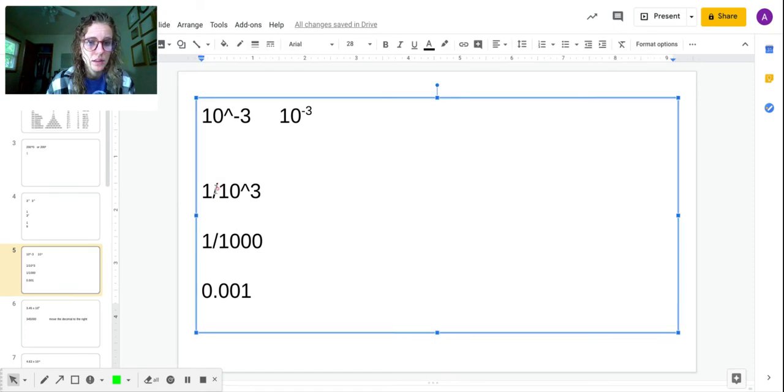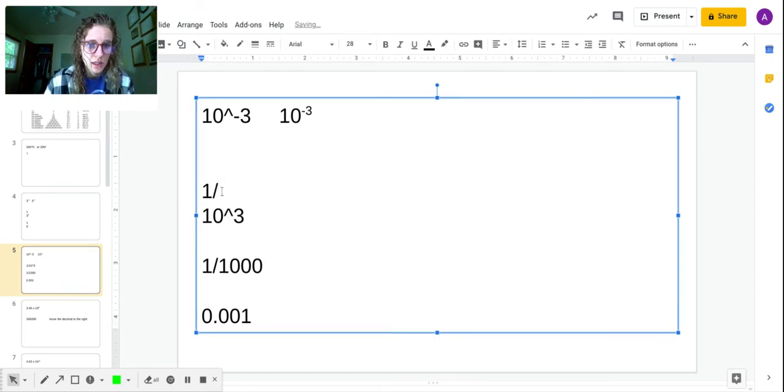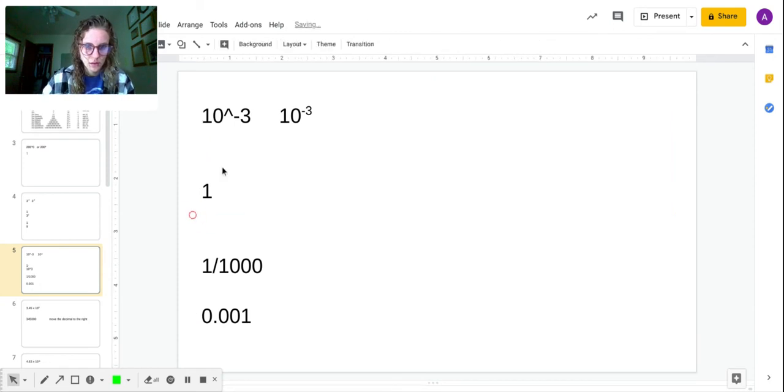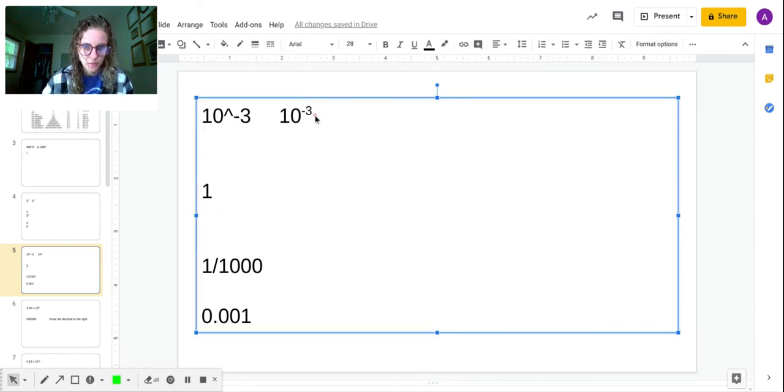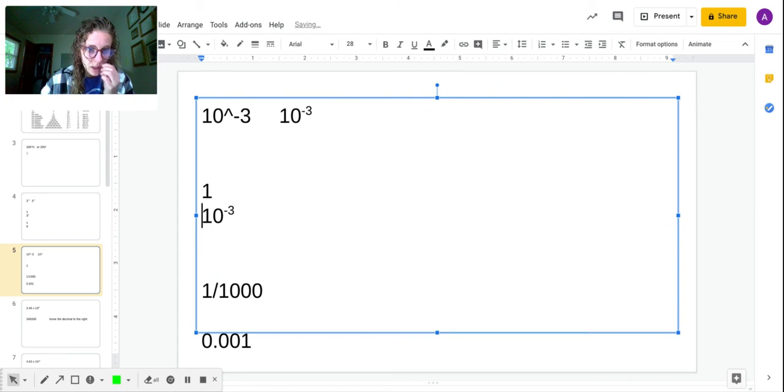So let's look at this, 10 to the negative 3. We're basically doing 1 over 10 to the third. I'm going to cut this, Control X, and copy this one. Instead of to the negative 3, now it's a positive 3.